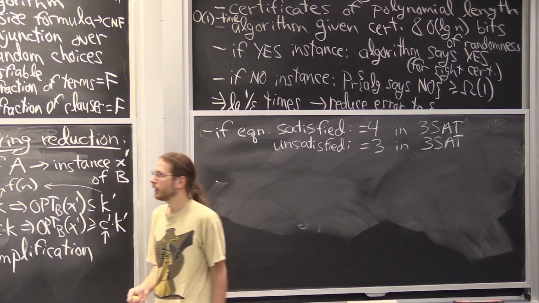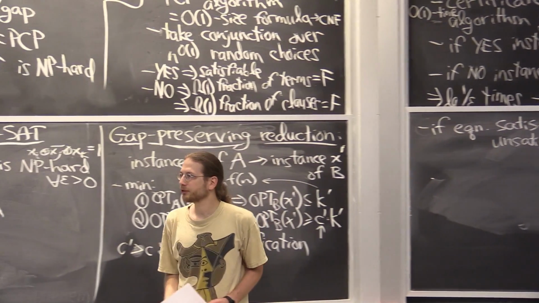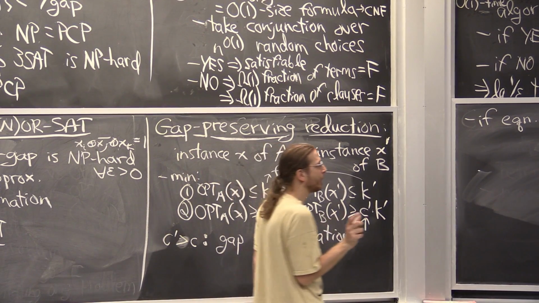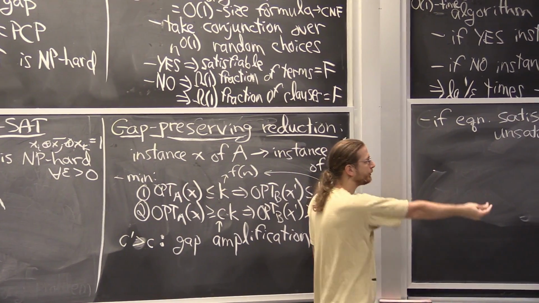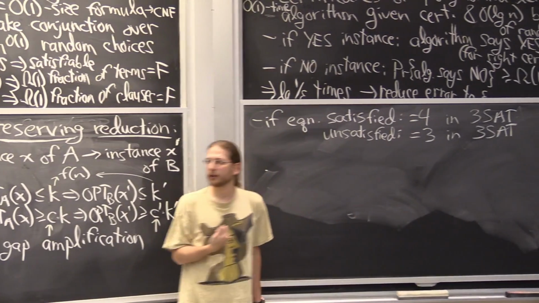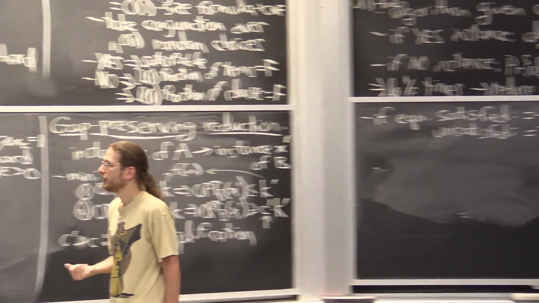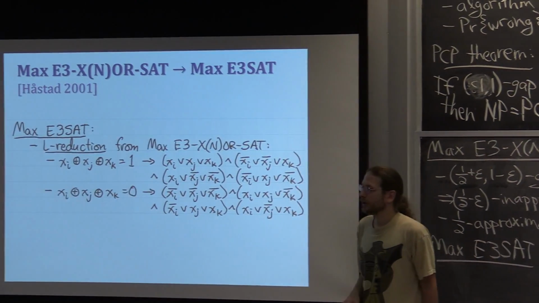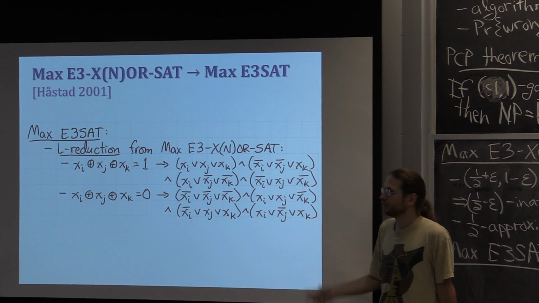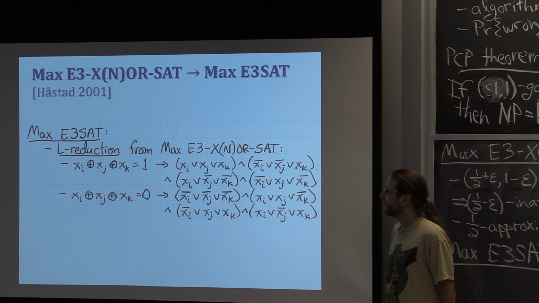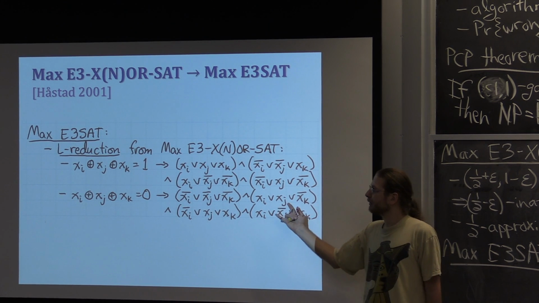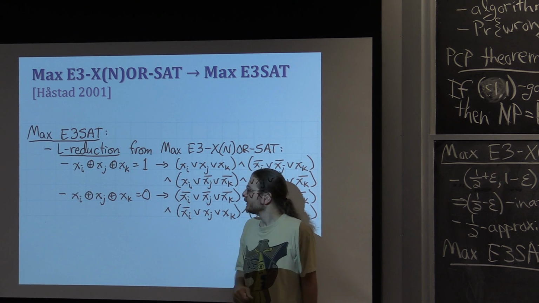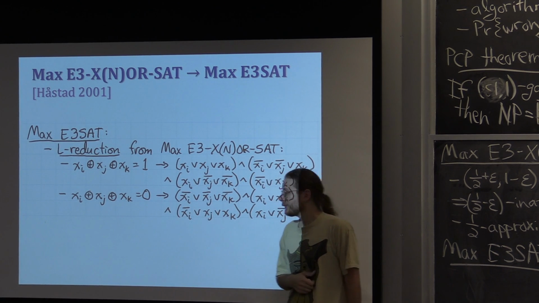Okay, so I want to prove that this is an L reduction. To prove an L reduction, we need 2 things. One is about the additive gap: if I solve the 3-SAT instance and convert it back into a corresponding solution to max E3 XOR-SAT, where I don't change anything, the variables are just what they were before, then the additive gap from opt on the right side is at most some constant times the additive gap on the left side, or vice versa.